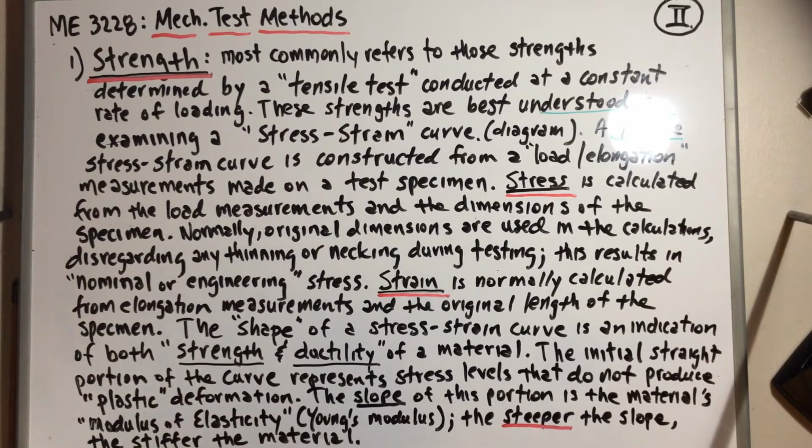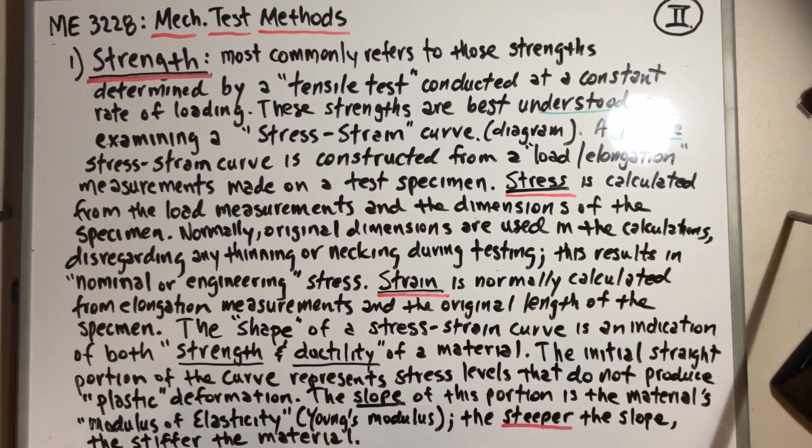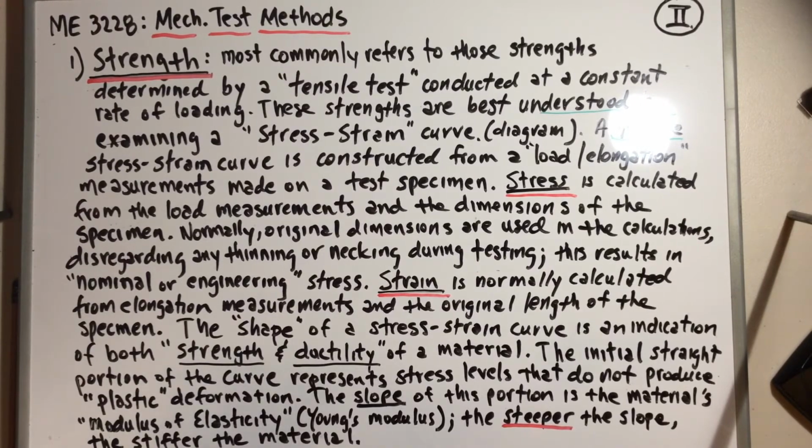Okay, so back to mechanical test methods. And again, out of those 6, the first one that they talked about, and probably the most common one, ultimately is strength. And strength is a wide, big, umbrella type of term, especially for mechanical engineers. But it most commonly refers to those strengths that are determined by a tensile test, which is conducted at a constant rate of loading.